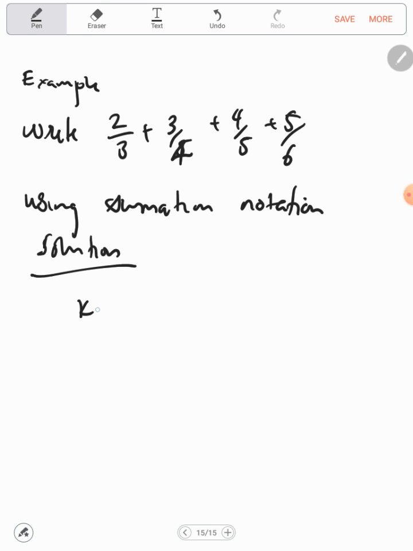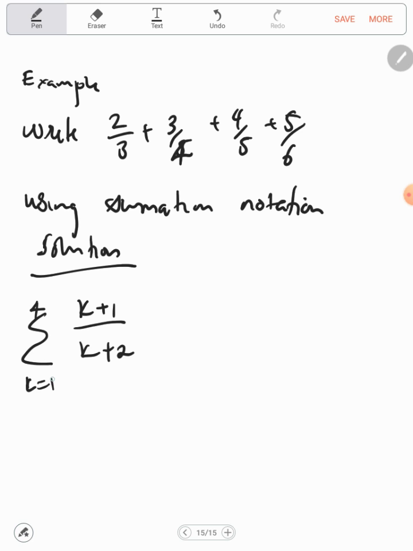Remember, our k begins from 1, so we have k plus 1 over k plus 2. Okay, so that's a k plus 1. The first one, when k is 1, so this will be summation. When k is 1, we have 2/3, and it goes up to 5, so that means we're summing up to 4.